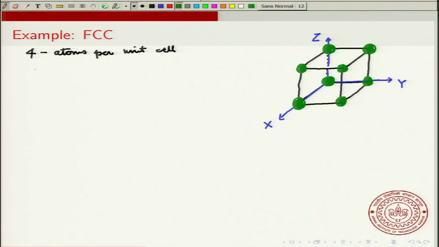So, I have the first atom at 0, 0, 0, which through lattice translations generates all the other atoms at the corners.